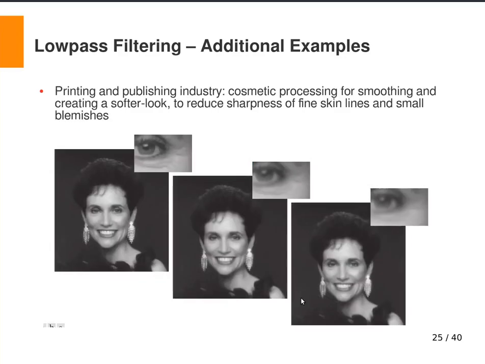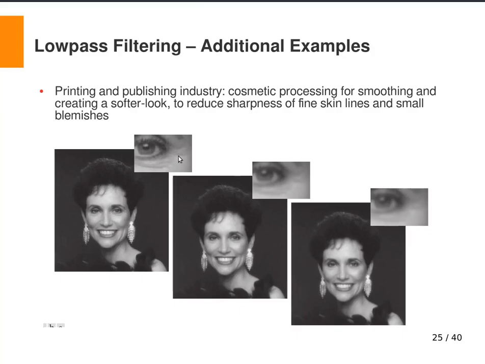Another example is in the printing and publishing industry, which is used for cosmetic processing, for smoothing and creating images with a much softer look, and also to reduce the sharpness of fine skin lines and small blemishes. On the left we see an image, and if we zoom at the eye region, we see that there are some skin lines.